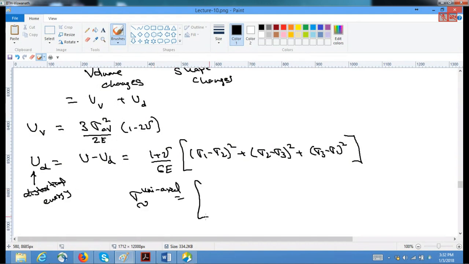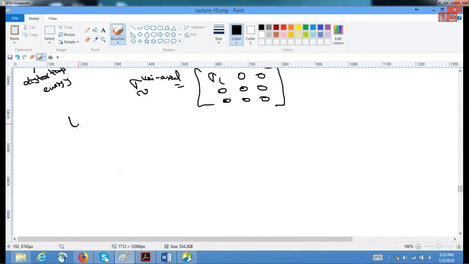the stress tensor is sigma 1, 0, 0, 0, 0, 0, 0, 0, 0. If you do that, your UD comes to (1 plus mu) by 3E sigma 1 square, and SYT is the yield criterion.